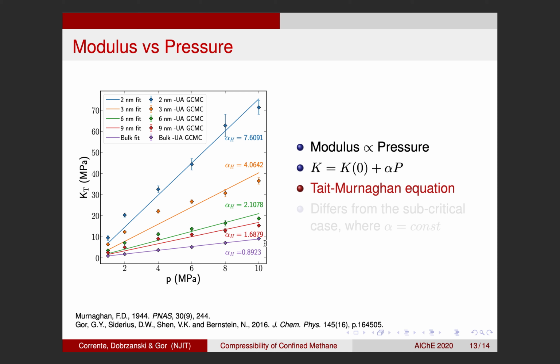The elastic modulus is linear as a function of pressure within a wide range of pressures. The difference between what we've known before and what we see here is that for subcritical fluid, these slopes were the same for all pore sizes. Here, we see that for different pore sizes, the slopes are different.